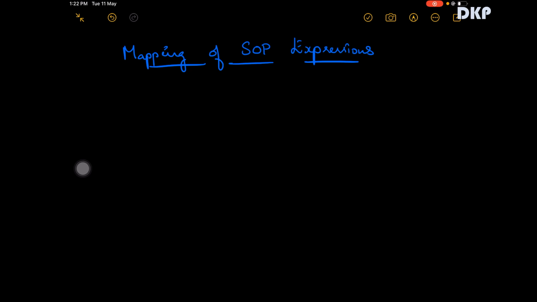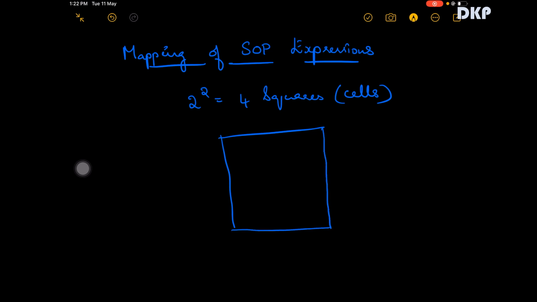Now let us see how to map this SOP expression. A two variable K-map has 2 to the power of 2, that is 4 squares or cells. That is, this K-map consists of 4 cells, that is 2 rows and 2 columns. These are the 2 rows, 0 and 1, and 2 columns, 0 and 1.